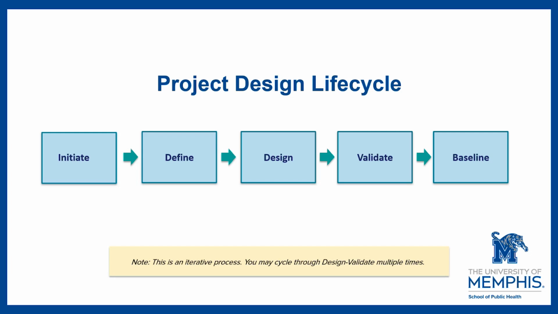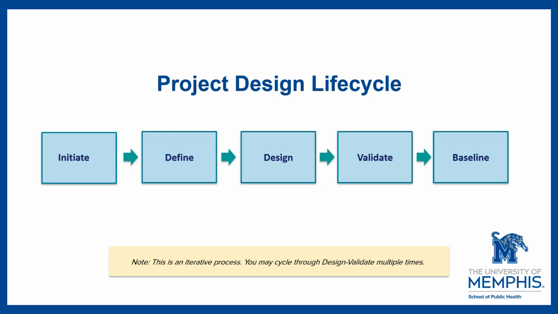The next stage is validate. These are reviews and prototypes. Before final approval, you must test and verify the design. You conduct reviews with the stakeholders, build prototypes, wireframes, or samples to confirm that the design works as intended.